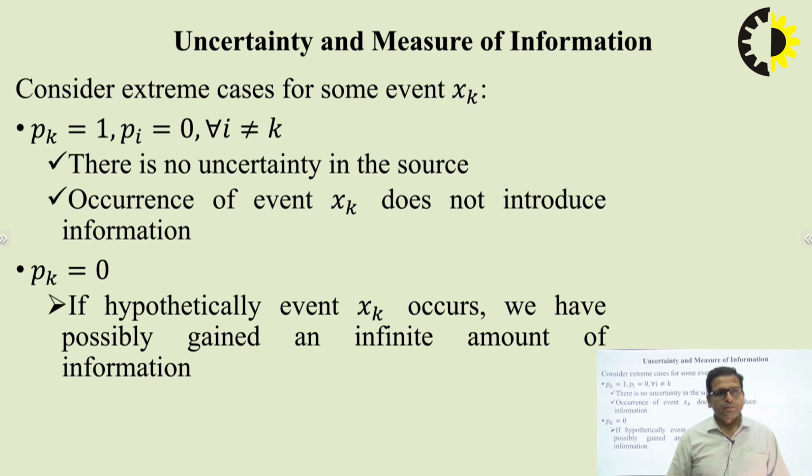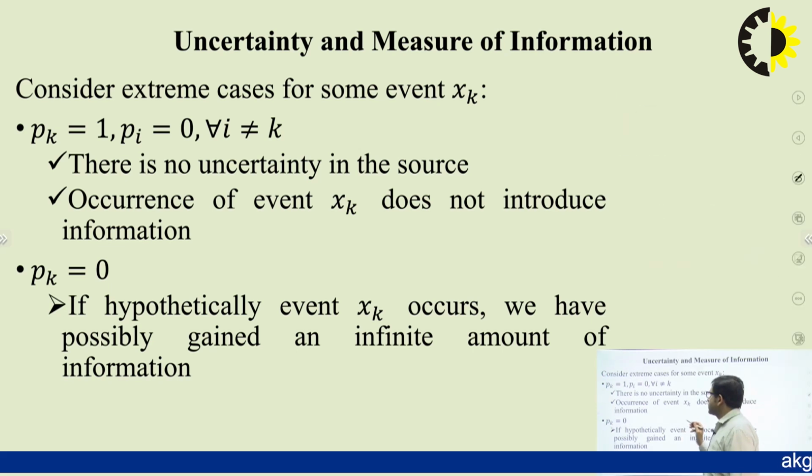So, in this way we can say that the probability directly influences the information. If the probability of occurrence of a symbol is lower, we have more gain in information. But if the probability is higher, we have a lesser amount of information. For example, if the probability of occurrence of a symbol is 1, there is no uncertainty in the source and we have no gain in information.